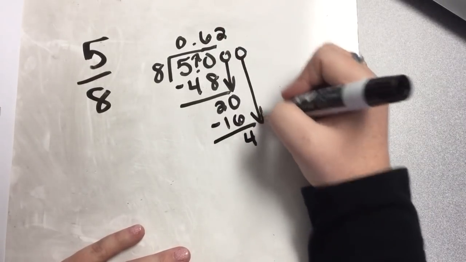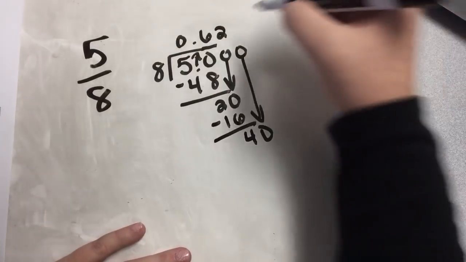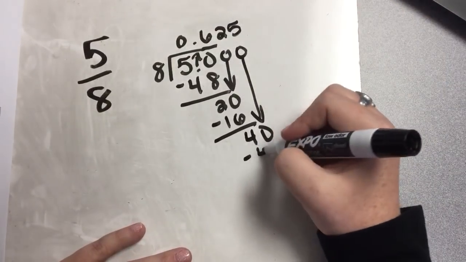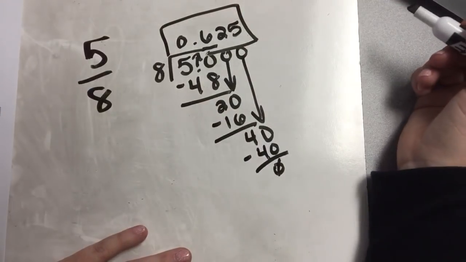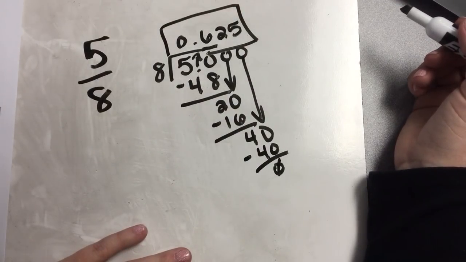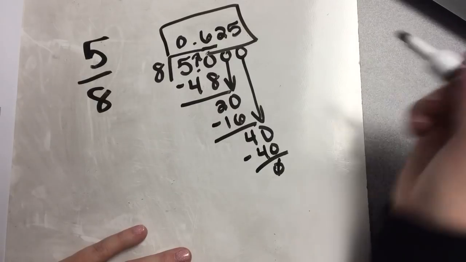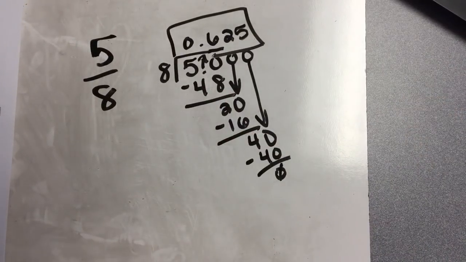Add another 0. 8 goes into 40 5 times, minus 40 is 0. So we have 625 thousandths. So now we need to take our decimal and change it to a percent.